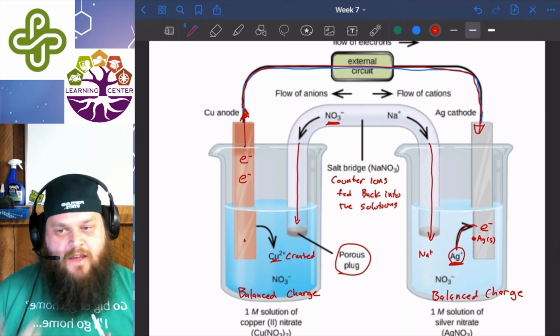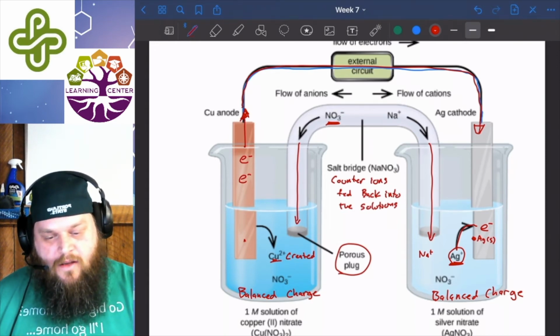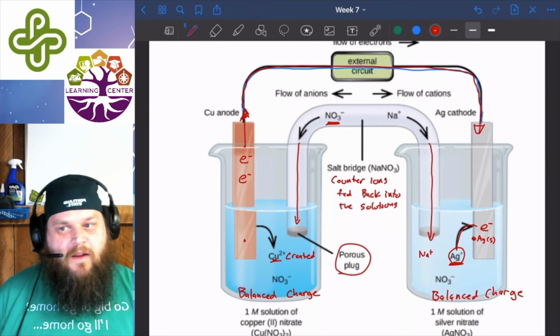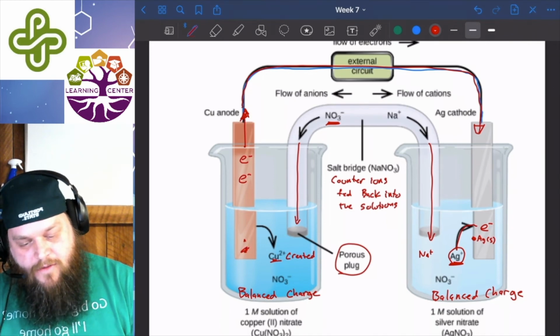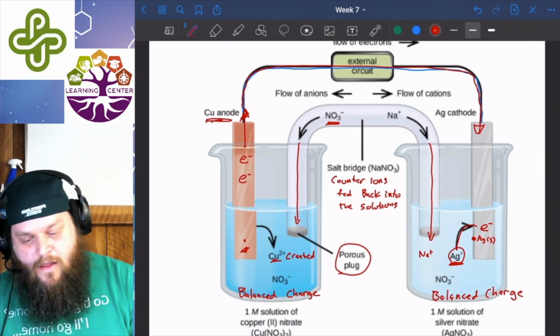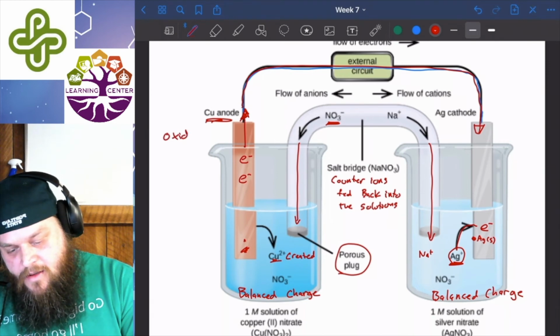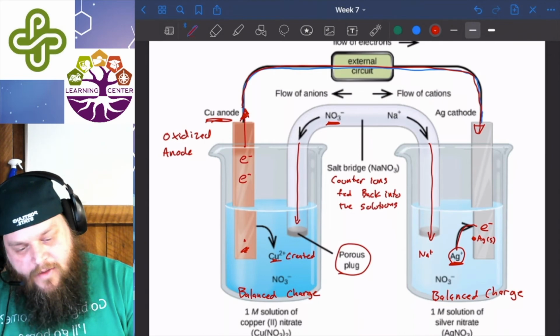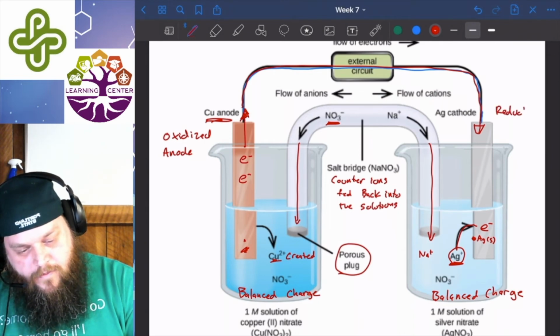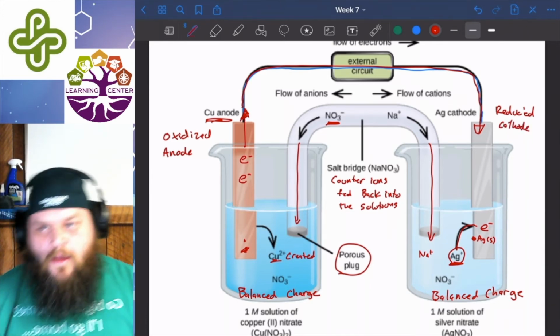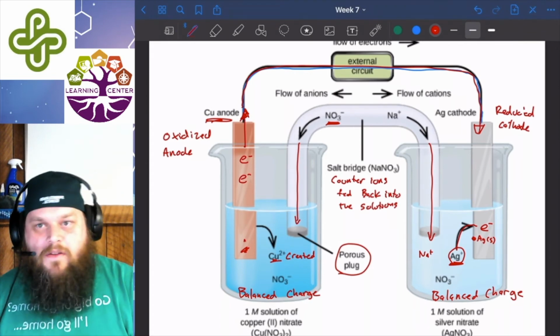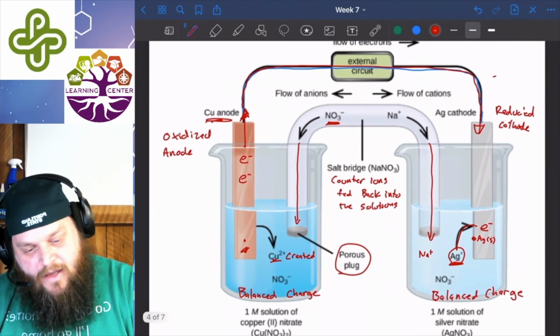And there's some notation for these types of reactions when we write them out, because we can use different types of metals for this. We can use different anodes. The part that gets oxidized is called the anode. Part that gets reduced is usually the cathode. And in this case, we call this an active electrode. These are active.